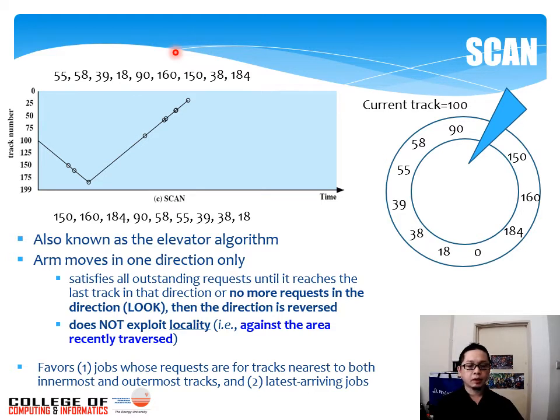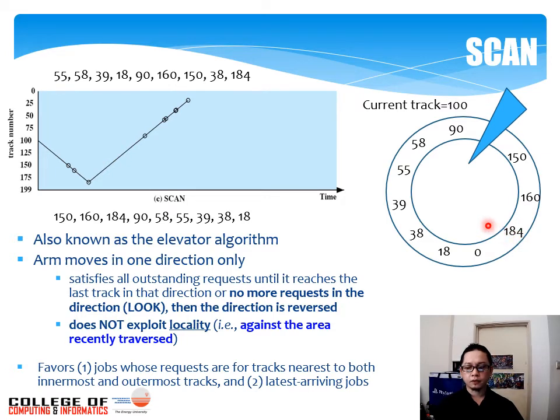So still the same request, 55, 58, 39, 18, 90, 160, 150, 38, and 184. Now, remember the current track location is on track 100. So from this location, it will move to the outstanding or the larger number first. So from 100, it will go to 150, 160, and 184.